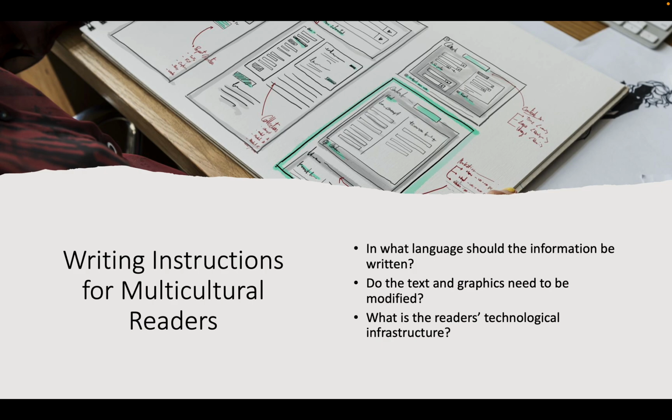Or I know in Tarrant County, if you download a sample ballot with instructions on how to vote, it's in English, Spanish, and Vietnamese because those are the most predominant languages in Tarrant County. So think about what language should the information be written in.